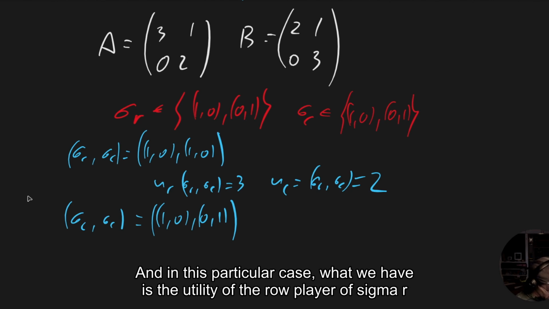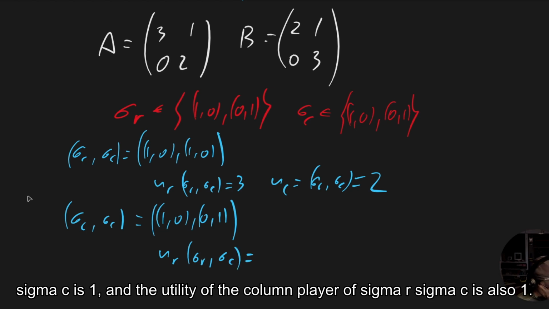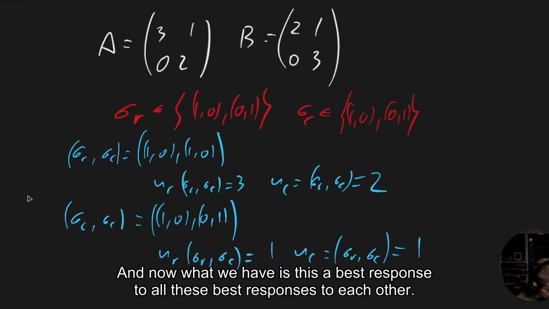In this particular case, the utility to the row player of sigma r, sigma c is 1, and the utility to the column player of sigma r, sigma c is also 1. And now, are these best responses to each other?